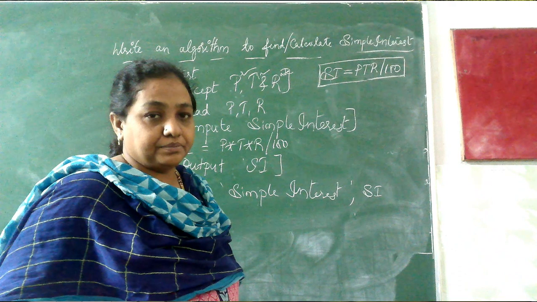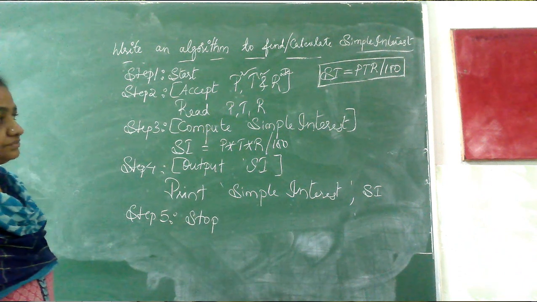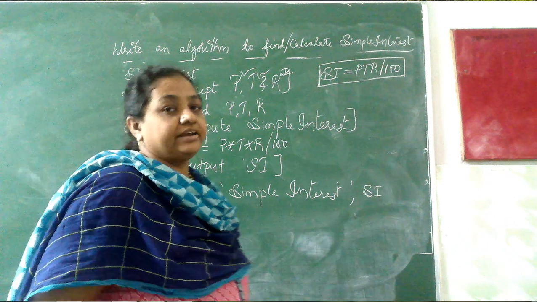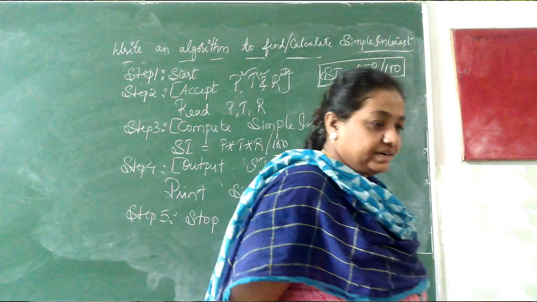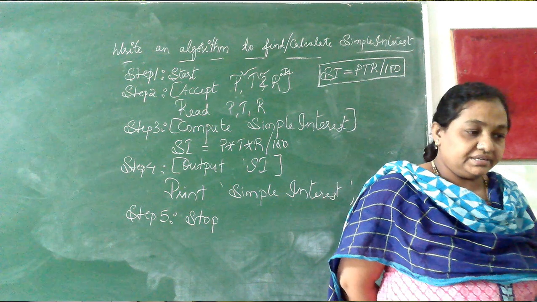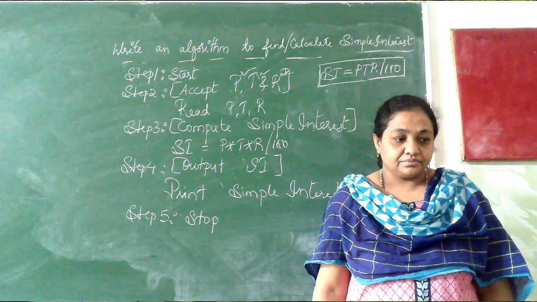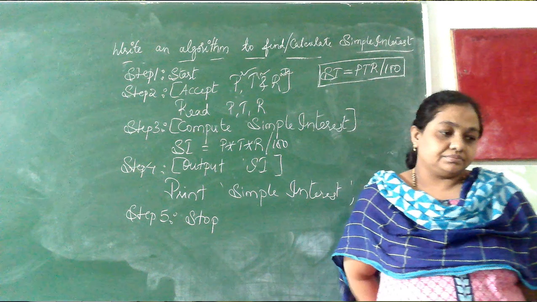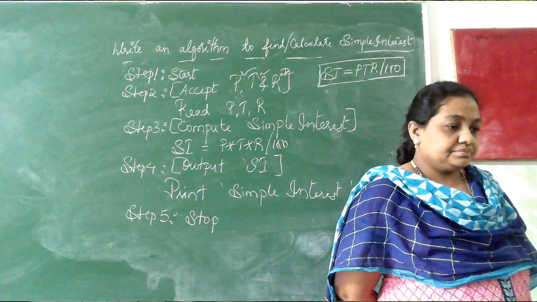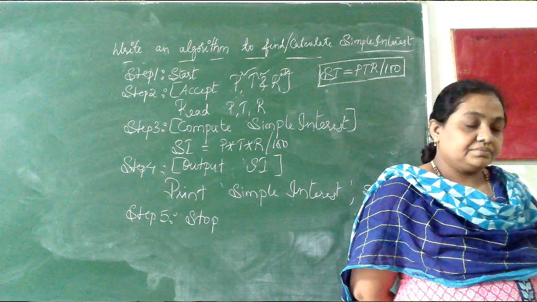Next is, once we know the amount taken, we know the rate of interest, and we also know the time taken, then what are we waiting for? So we can directly calculate the simple interest. So the next step is, we will compute simple interest.